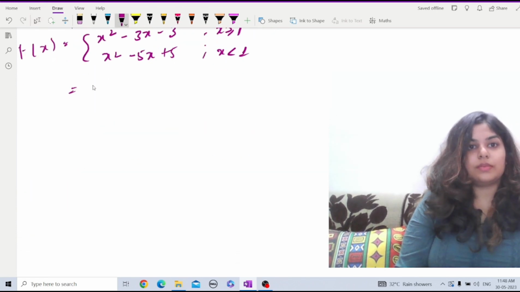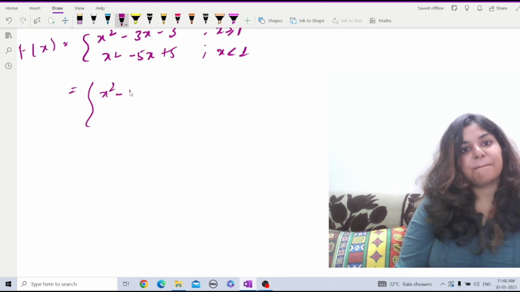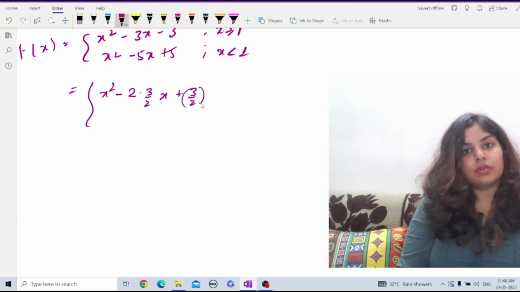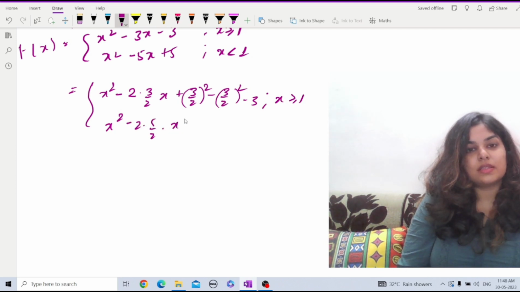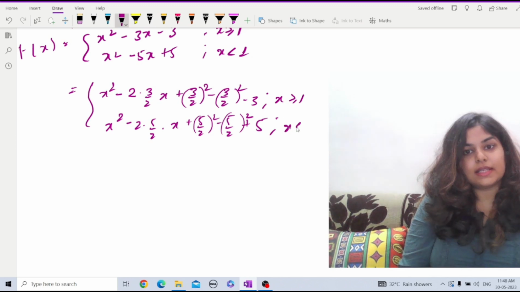So this can be written as x square minus 2 into 3 by 2 x plus (3 by 2) whole square minus (3 by 2) whole square minus 3 for x greater than equals to 1. And this can be written as x square minus 2 into 5 by 2 into x plus (5 by 2) whole square minus (5 by 2) whole square plus 5 for x less than 1.